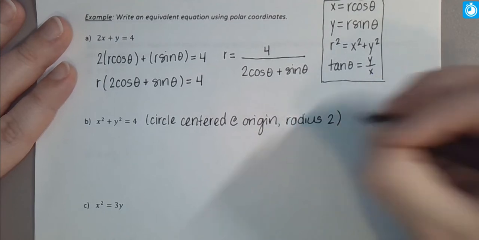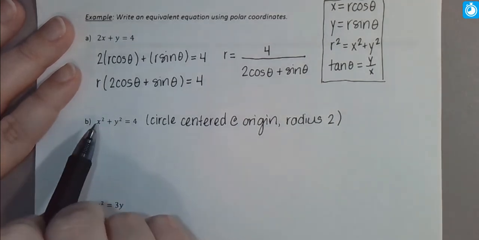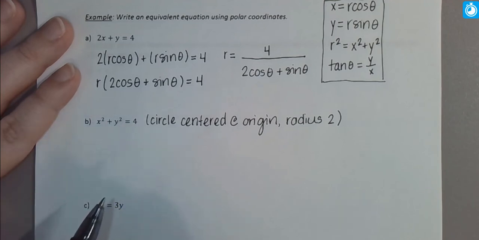That gives you a sense of what this looks like. And since we're talking about a circle, which is drawn with rotation, polar coordinates are going to take this fairly simple equation and make it even simpler.